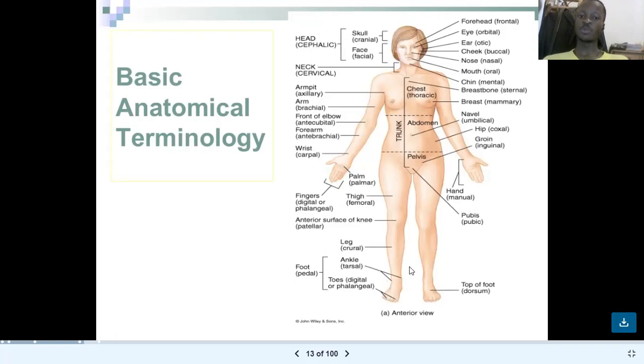Then the lowermost portions are what we refer to as the caudal regions. So we can say it's a cephalocaudal pattern, right? Then the neck region, we can refer to it as the cervical region, because at the very back there, you have the vertebral column, and particularly in the neck region, you have the 7 cervical vertebrae.